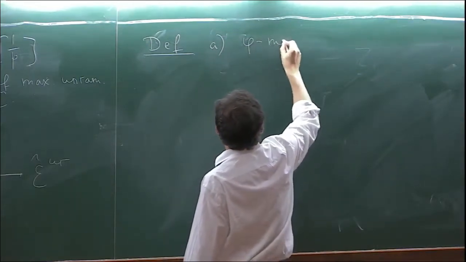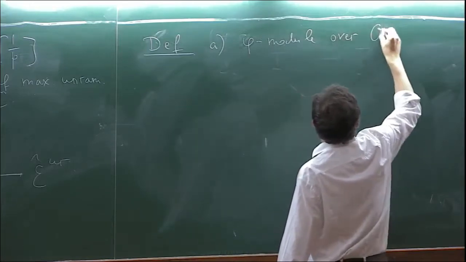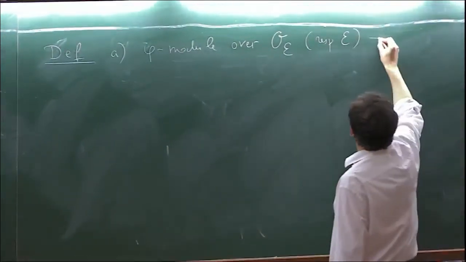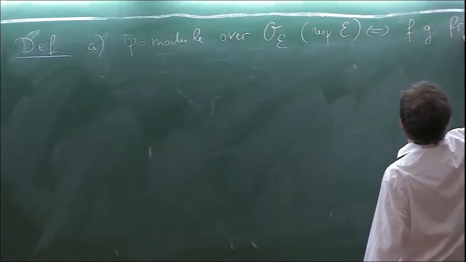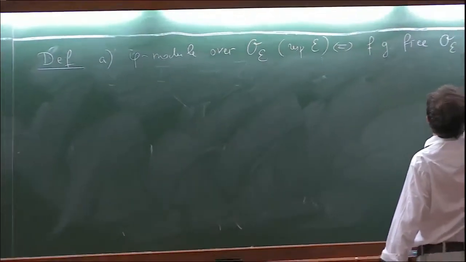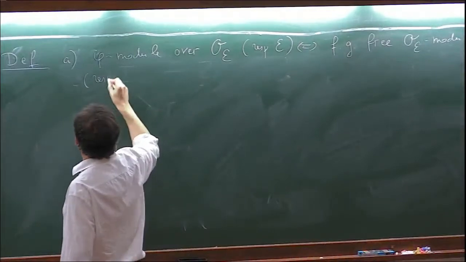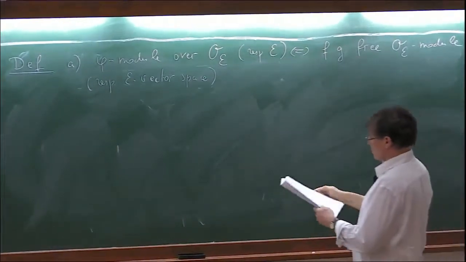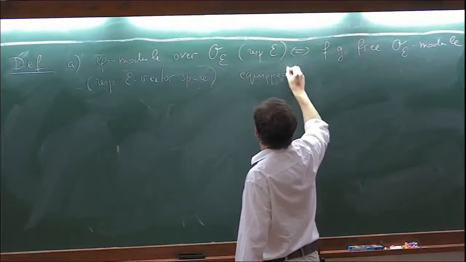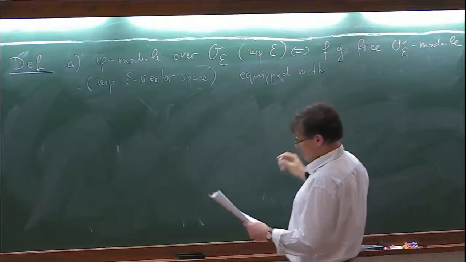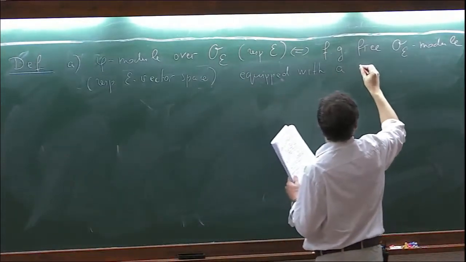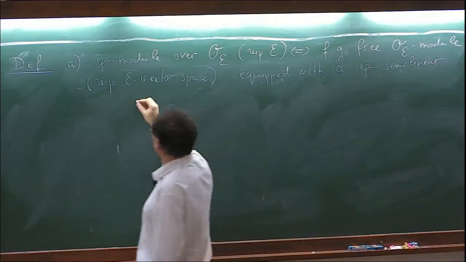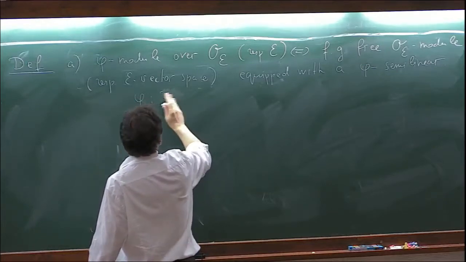So a phi module over O_E, respectively over E, is a finitely generated free O_E module, respectively an E vector space of finite dimension, equipped with a semilinear operator phi. Let's denote this module by D.